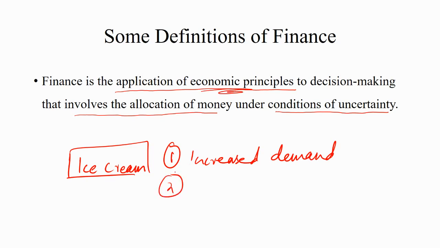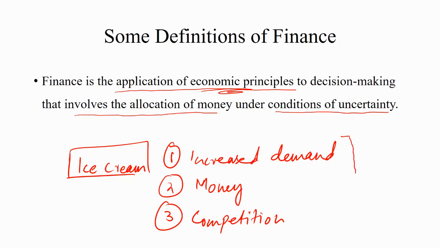You need more money to buy a new machinery to meet your customers' demand. And businesses always face uncertainties, so you run a fear that competition might affect you. So if you're able to deal with all these points simultaneously, you have done finance. Pretty simple, isn't it?